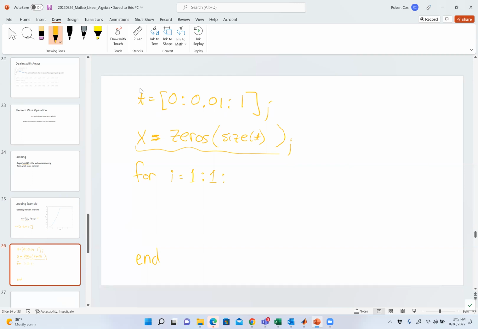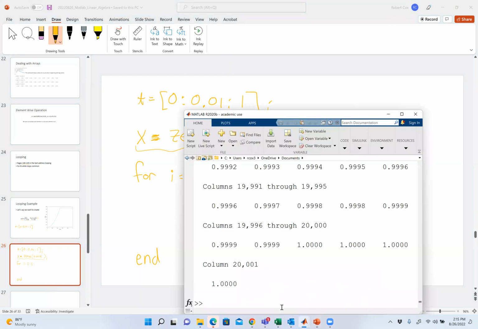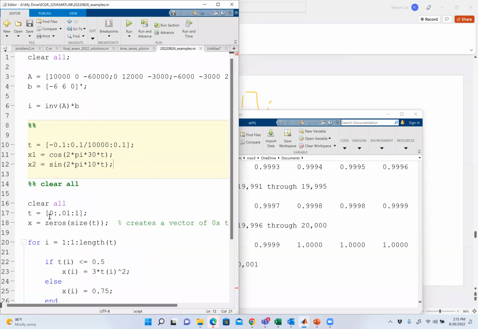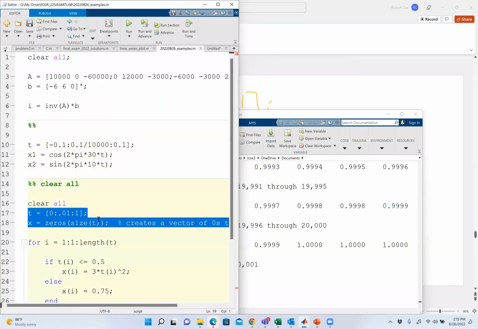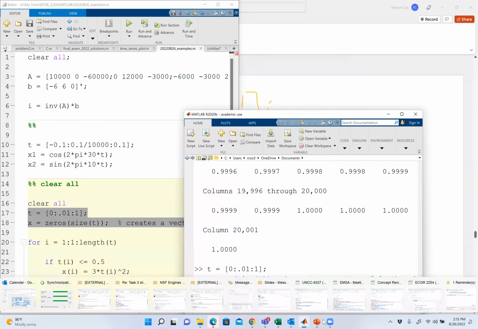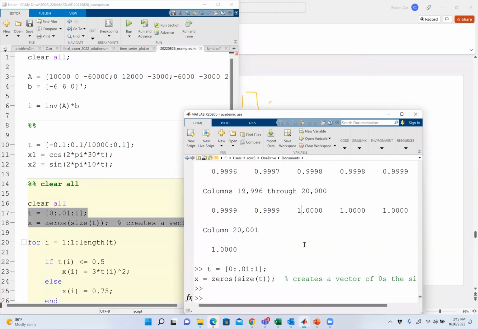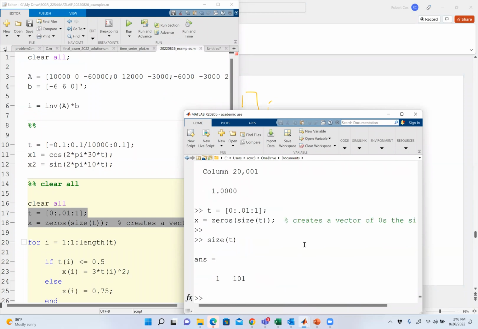So if I looked at the size of my t vector here, I said there were two useful commands, size and length, right? We're running up on time, so let me just get through this here. All right, let me run this. I just created that t vector. If I type size of t, I get 2 numbers, 1 and 101.